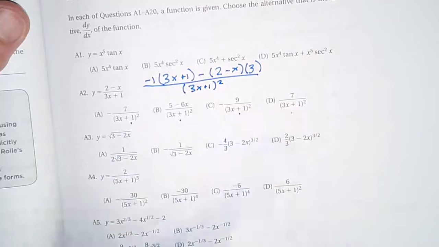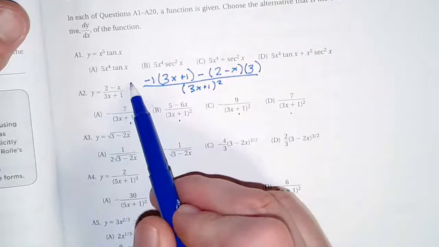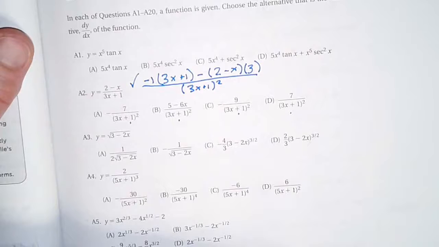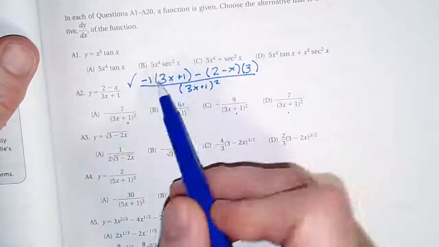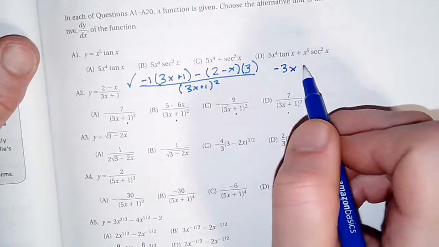And the reason I'll be seeing that answer, first of all, you got this right now, I'm happy. That's the part we're going to have to work on, because we're not going to have multiple choice problems. If I had to figure out the correct answer from this batch, I would distribute things across the top, so I'd get negative 3x minus 1 minus 2 plus x.